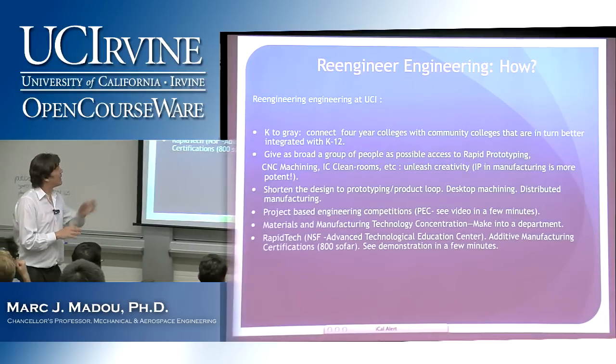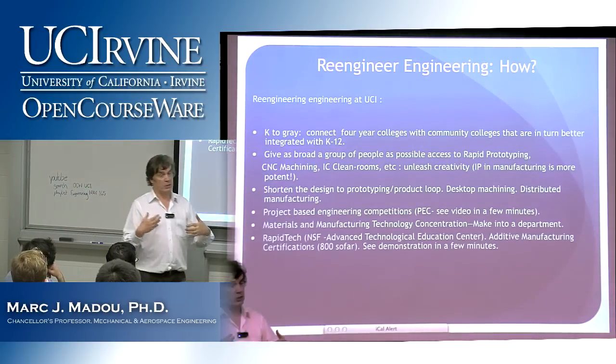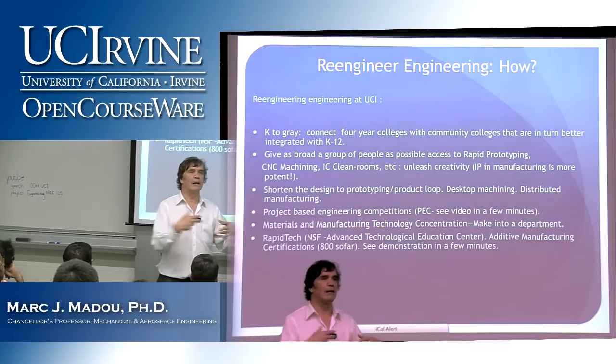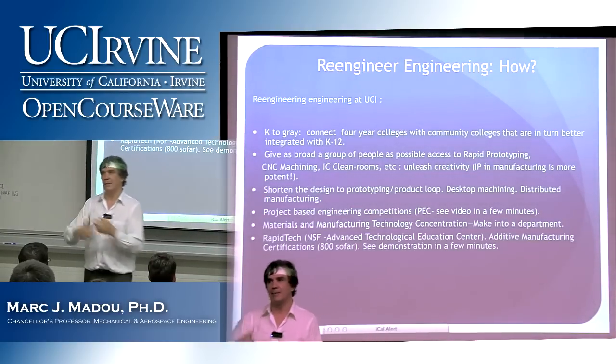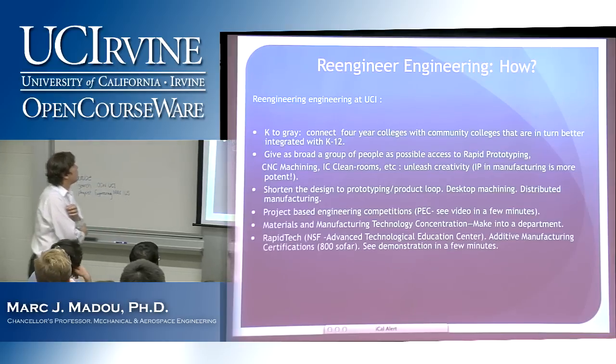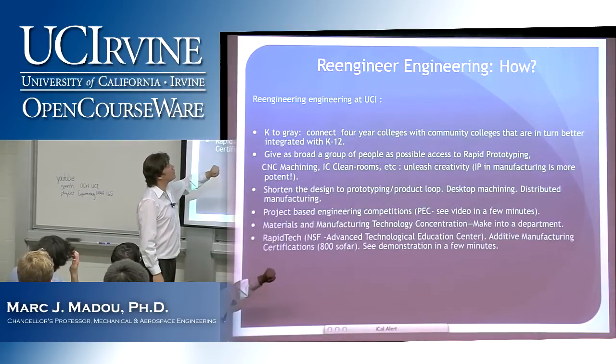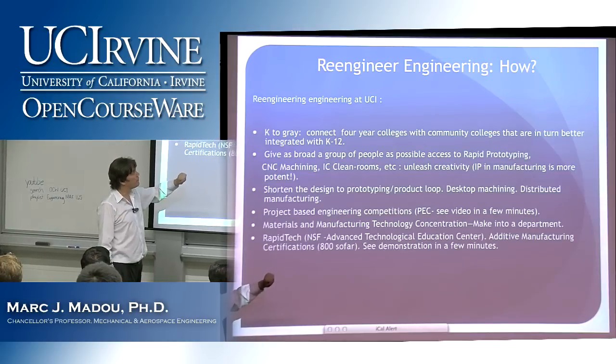And we feel that by giving more people access, and that's why I want you guys to know about CNC machining, rapid prototyping. I want you to see what a clean room is, and maybe you'll start thinking about something that you otherwise wouldn't have. The third bullet point is one that I alluded to: shorten the design to prototyping product loop.